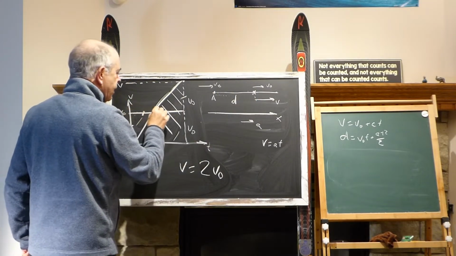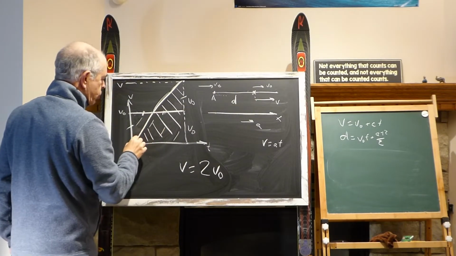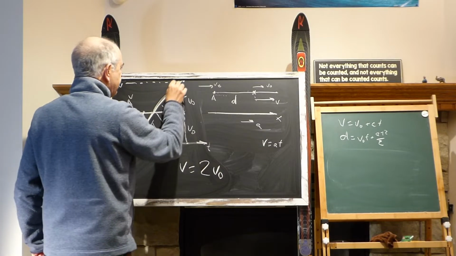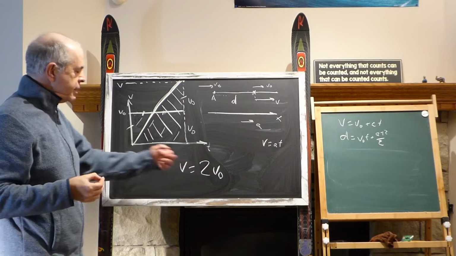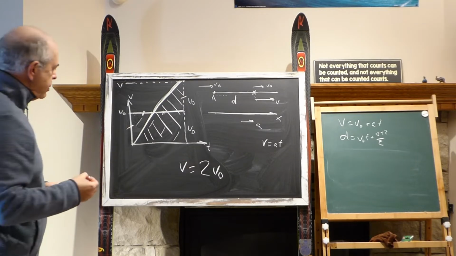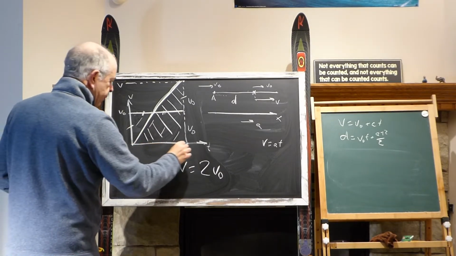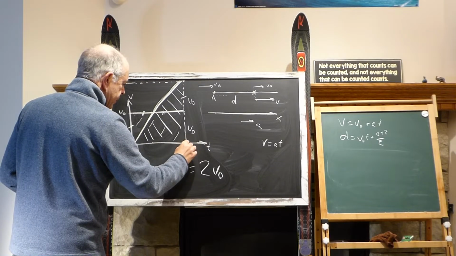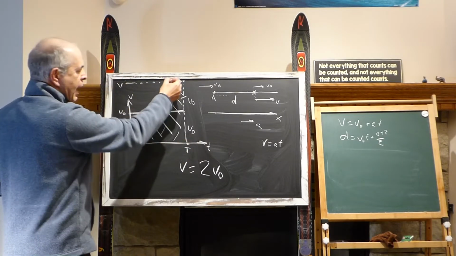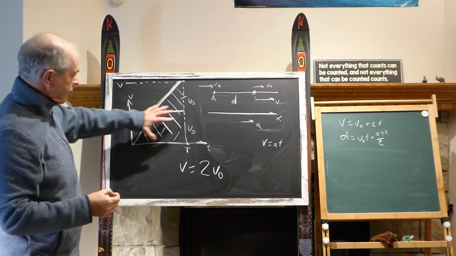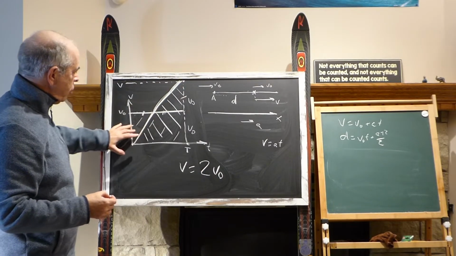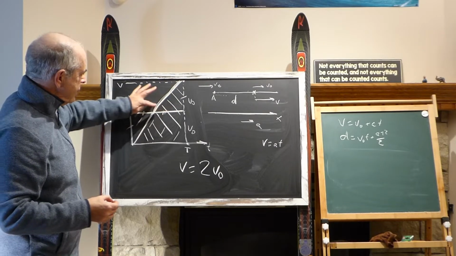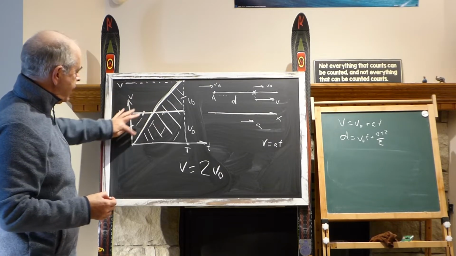That means the area under this graph should be equal to the area under this graph. And indeed it is true for these values. Last time I convinced you of this by looking at the areas and saying that this triangle is the same as this one.